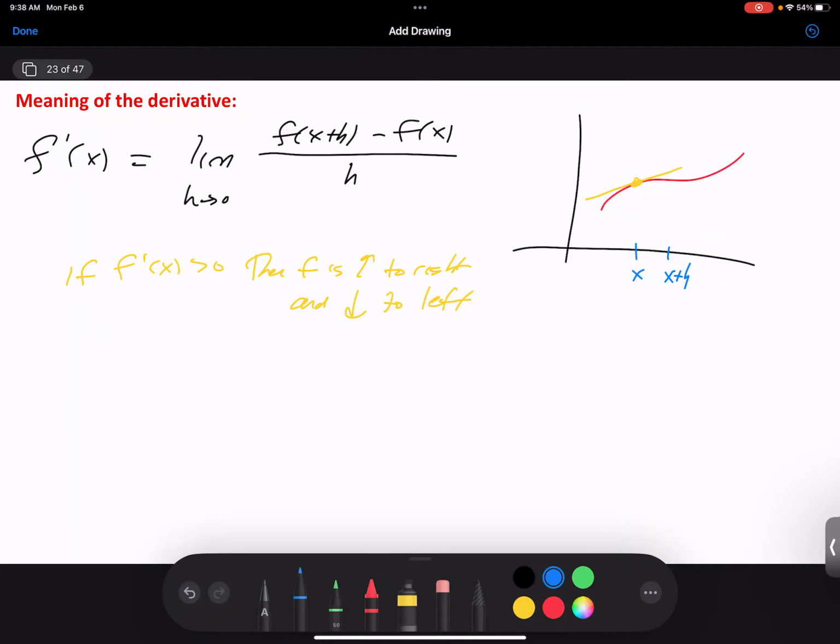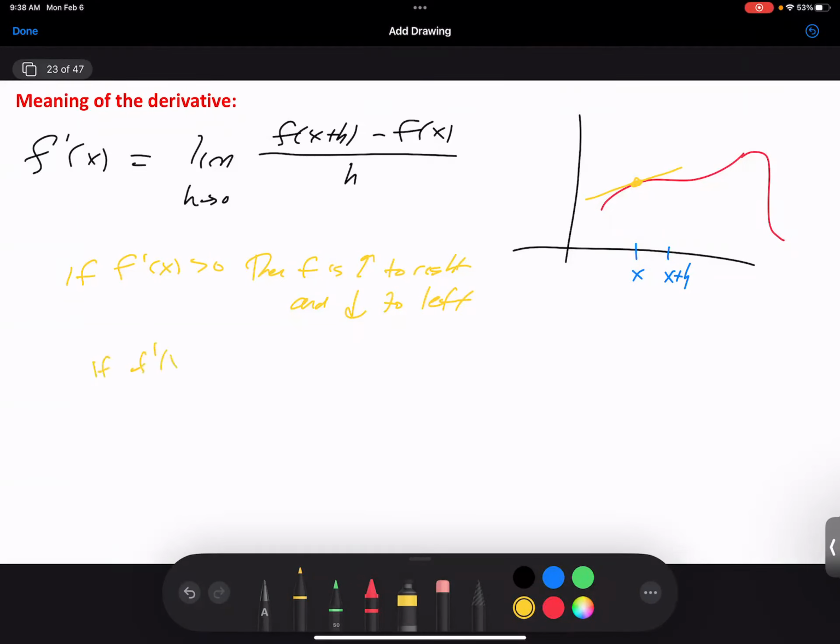If the first derivative is positive, then what must be true about the numerator? It has to be positive. Now, my function could eventually dip down. So if I go really far out, the numerator could be negative. But if I'm very close to x, and the first derivative is positive, then f of x plus h has to be larger than f of x. So locally, if the first derivative is positive, my function is increasing.